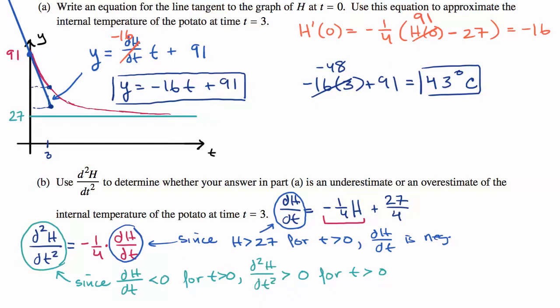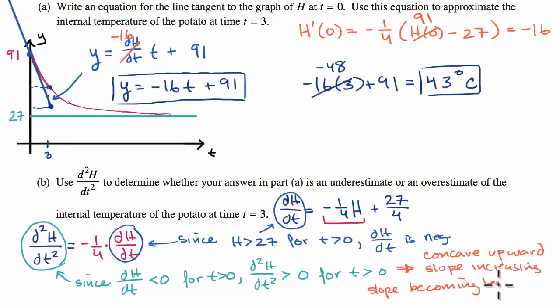And so what does that mean? It means that if your second derivative is positive, that means you're concave upward, which means slope is increasing, or you could say slope becoming less negative. Now, what does that mean?